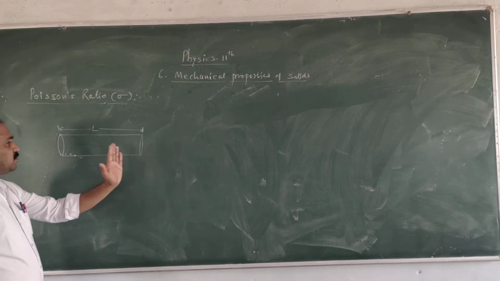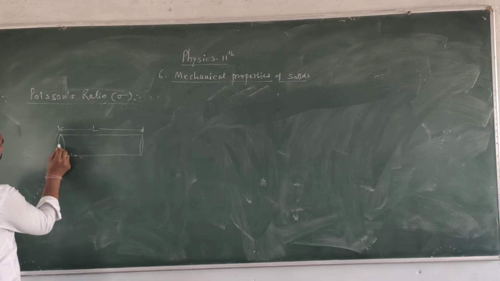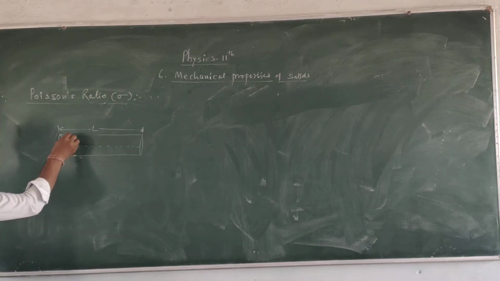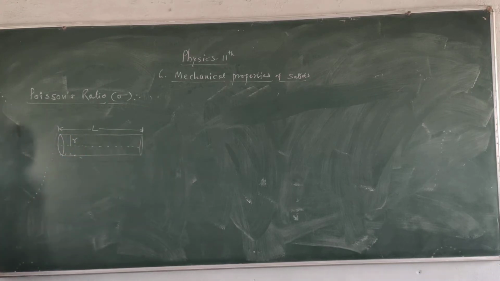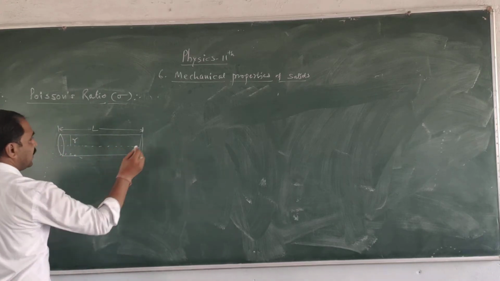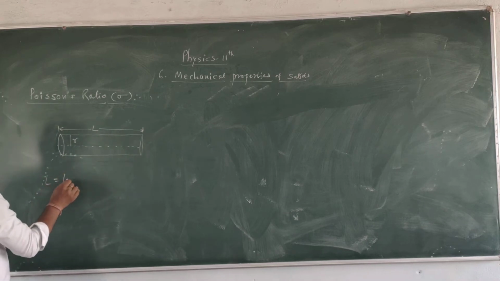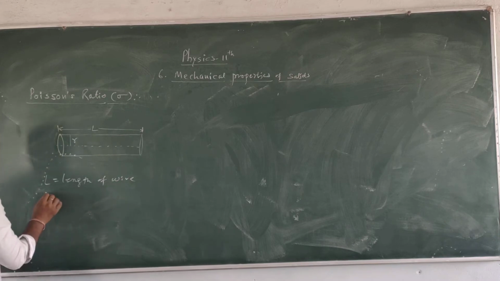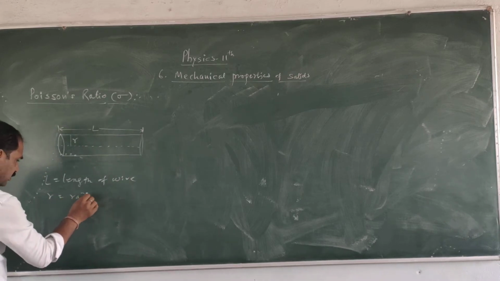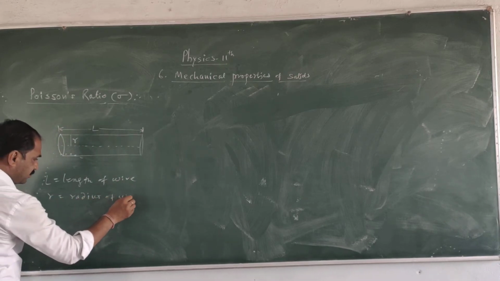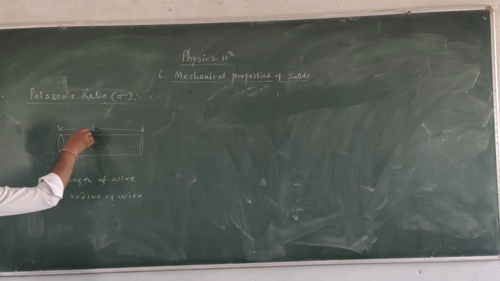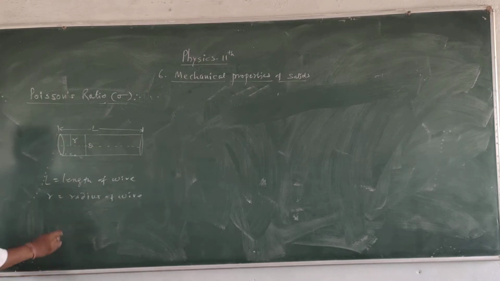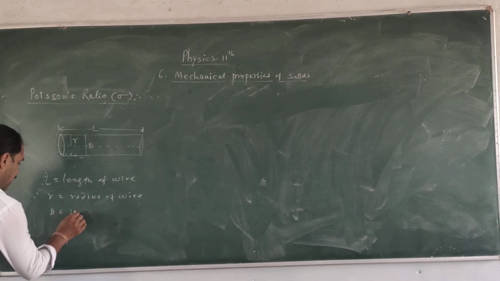Here D is the diameter of the wire and R is the radius of the wire. Capital L is the length of the wire, R is the radius of the wire, and this total distance is capital D, the diameter of the wire.